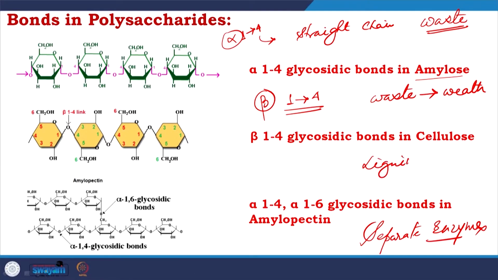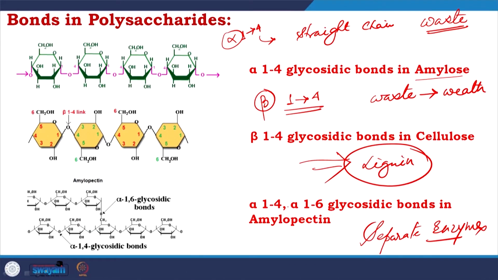One of the classic examples is lignin. If you take any waste from the field where the crops are grown, let us say from the paddy field, from wheat, from corn, you get a big amount of lignin.